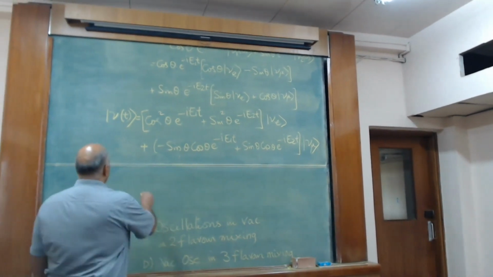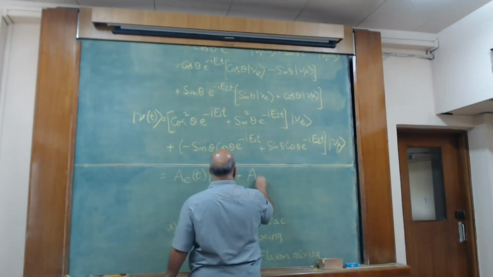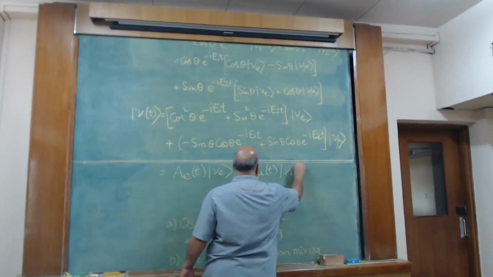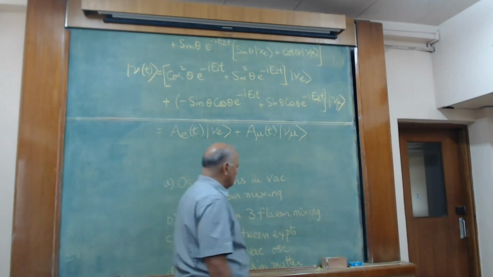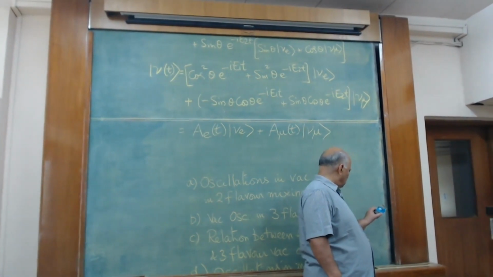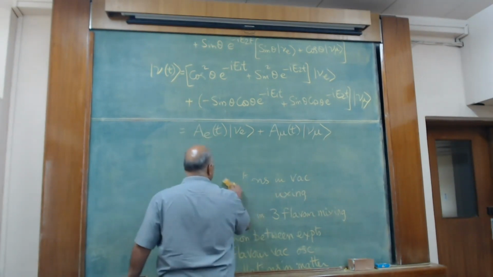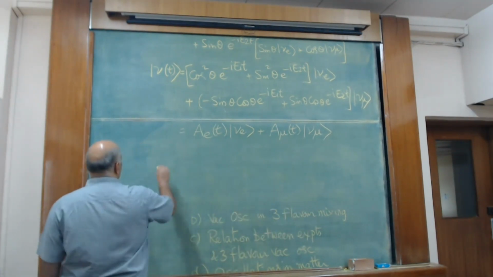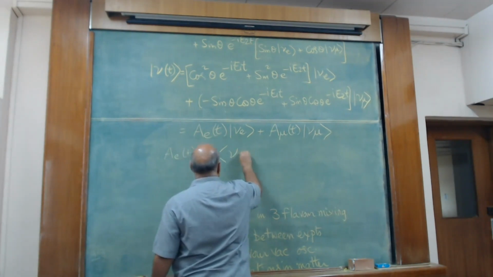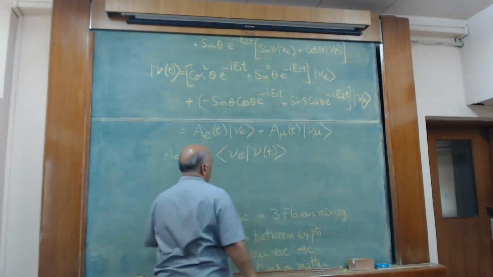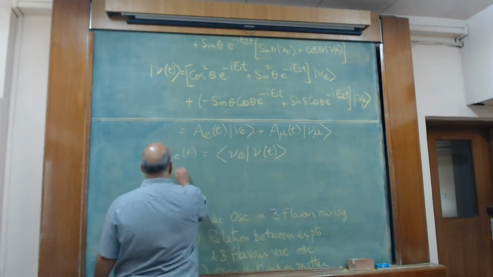So we have this, and we write this as A_e(t) nu_e plus A_mu(t) nu_mu. A_e(t), of course, is the overlap of the neutrino state at time t with nu_e, and similarly for nu_mu.